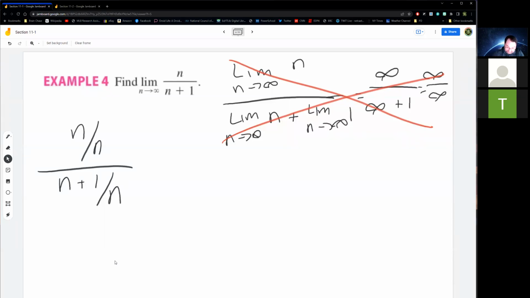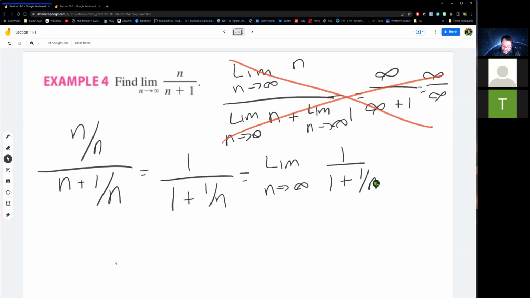But now let's look at what happens. What's n divided by n? It's 1, right? And then I have n divided by n, which is 1, and then I have 1 over n. Now if I look at the limit of each piece, the limit as n goes to infinity of 1 over 1 plus 1 over n.